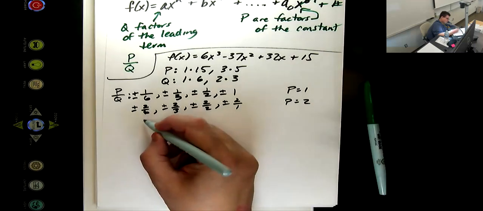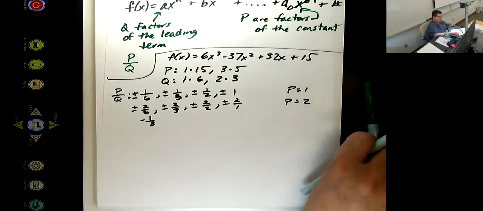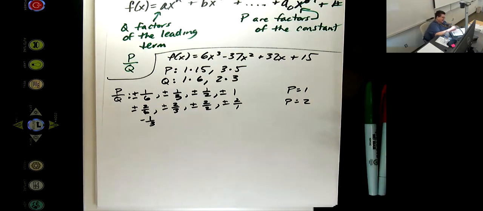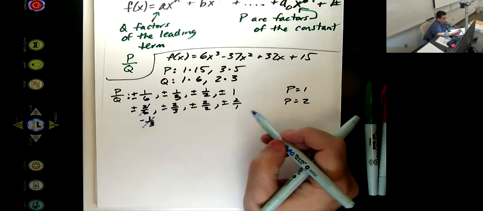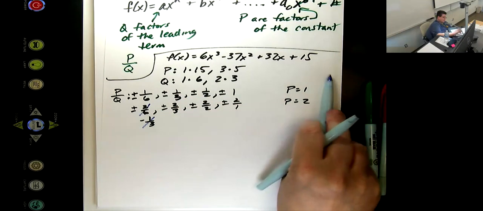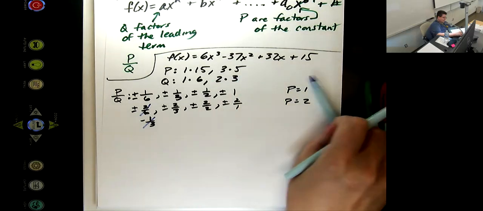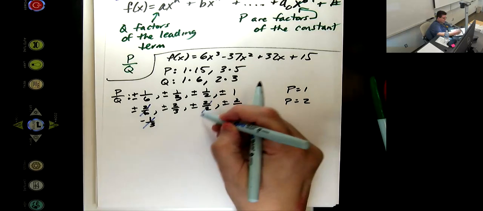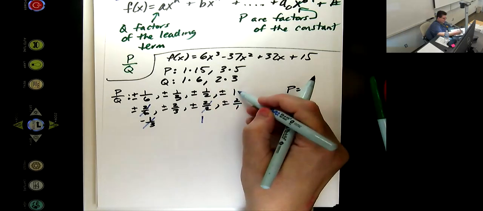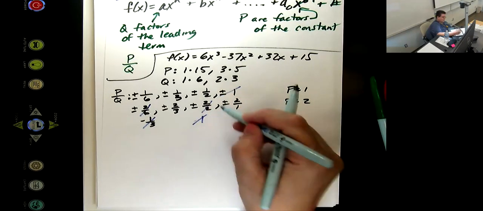So this is 1/3. And we already have 1/3 right there, so we don't need that one. That's a double. 2/3 is already simplified. 2/2 equals 1. And we have that up here, that's a double as well, so we don't need that one either.